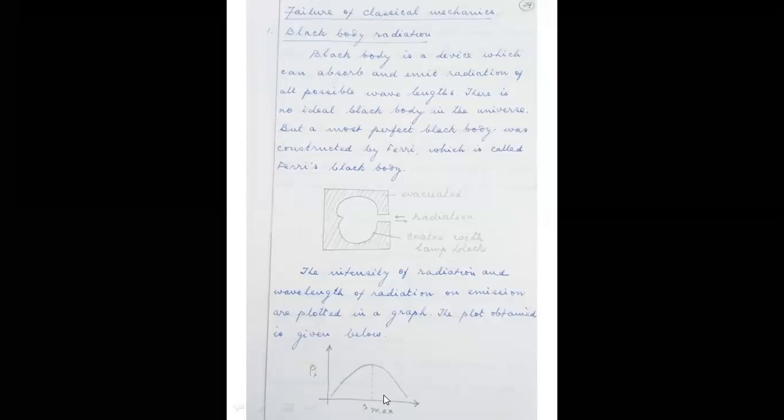But when you plot the intensity against the wavelength, suppose I am taking a small wavelength here and I want to measure what is the intensity of that particular radiation. This is the actual intensity. When I go on measuring the intensity for different wavelengths, I am getting a particular wavelength which is coming out with the maximum intensity. There is a maximum intensity here.